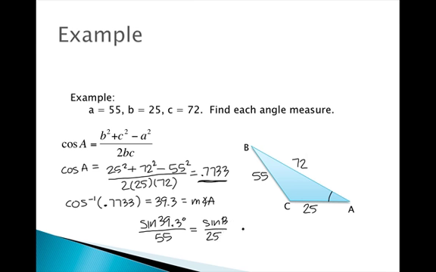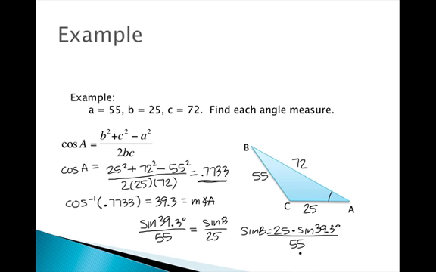So we end up getting sine B equals 25 times sine of 39.3 degrees all over 55.